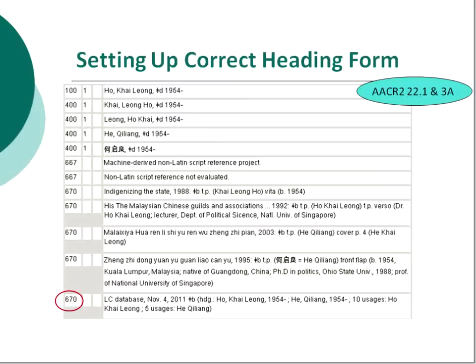Now I want to mention the usages. Usages refer to the 245 field in the bibliographic record, in the subfield c for statement of responsibility. That means the usages are the actual appearance of how the name appears in the source.